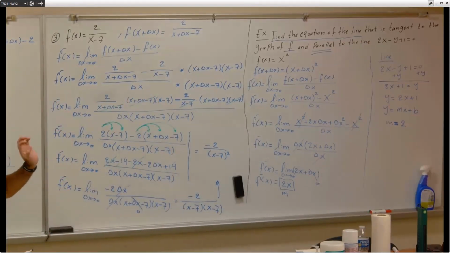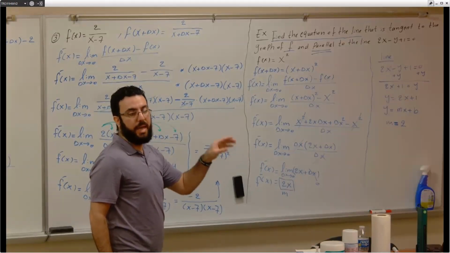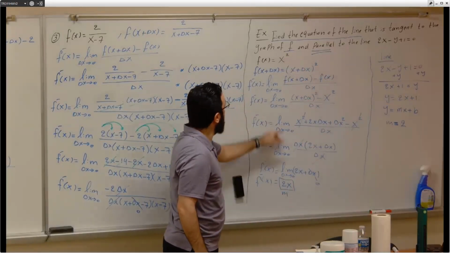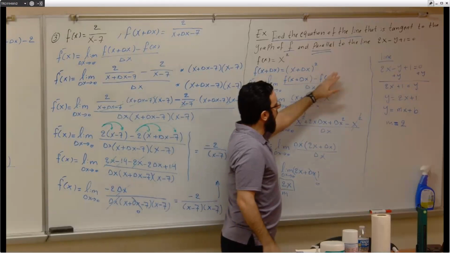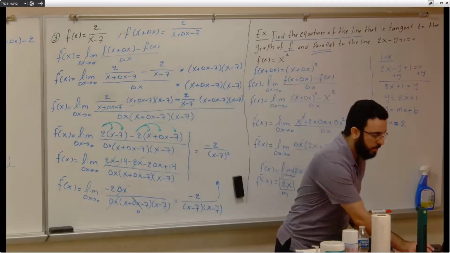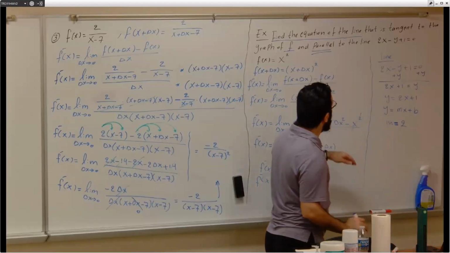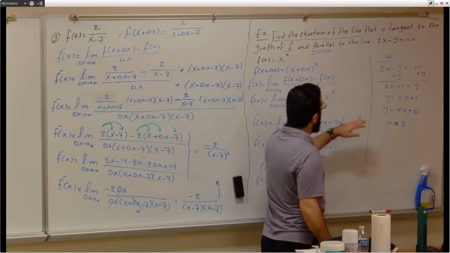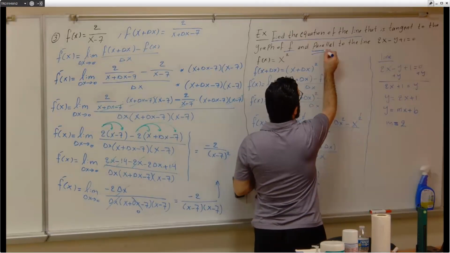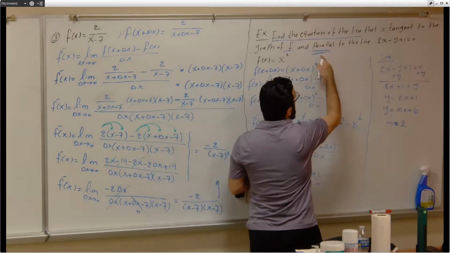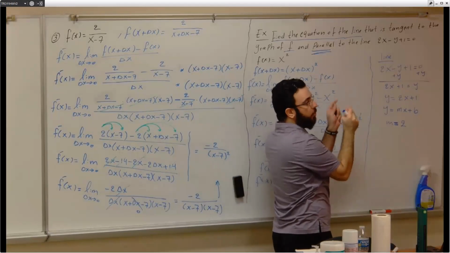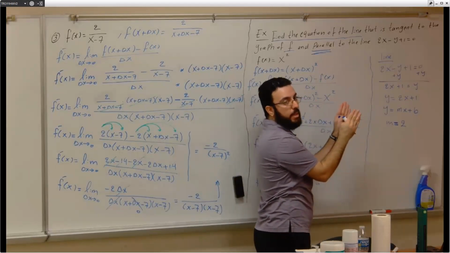Now, our goal for this example is to find the point, so we can write down the equation for the line. I have now the slope for the graph, and I have the slope for the line. We have the slope for the line, just 2, and we have the slope for the graph. But they're telling you the graph is parallel to the line. That means when we have 2 parallel lines, they have equal slopes.